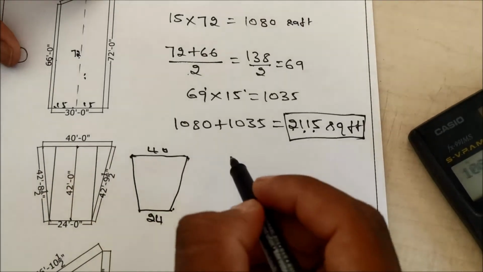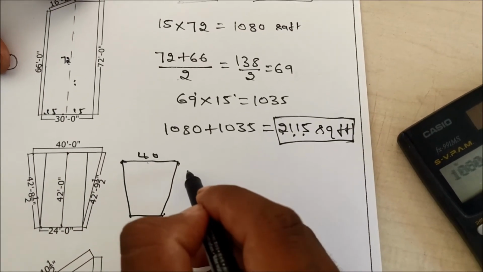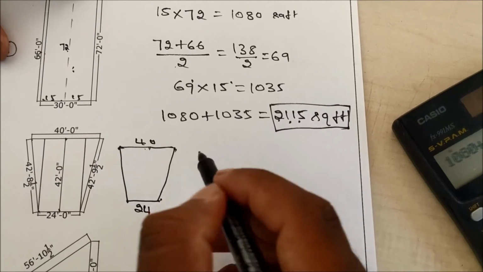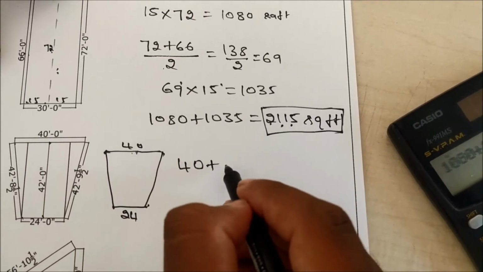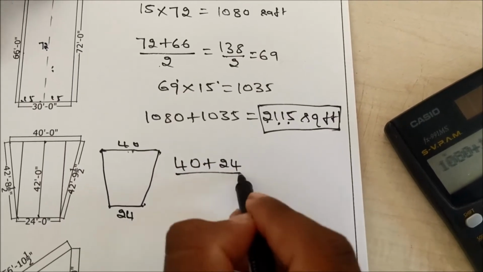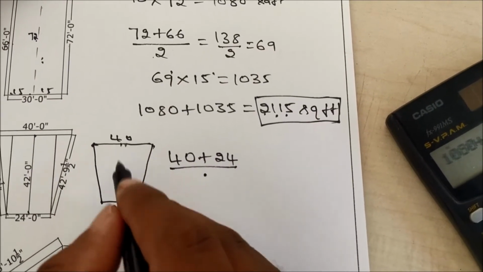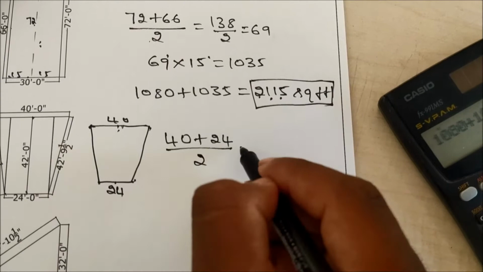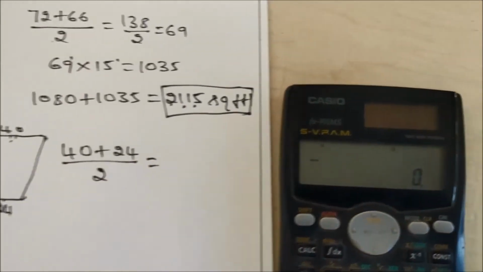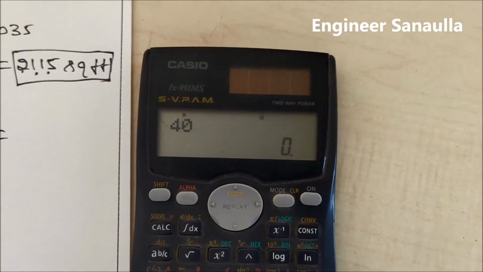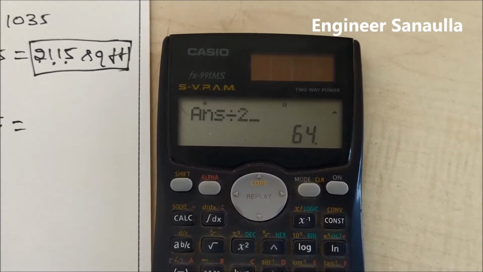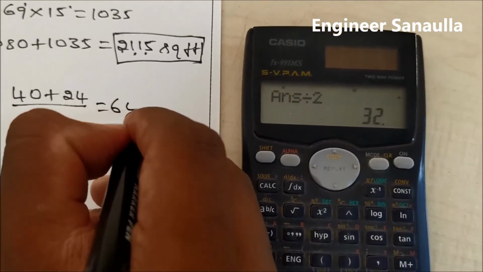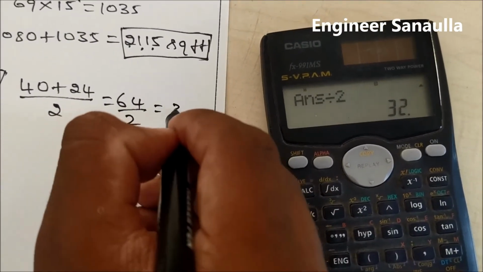First we have to calculate the mean length. Here is 40 plus 24 divided by 2. 64 divided by 2 will come 32.